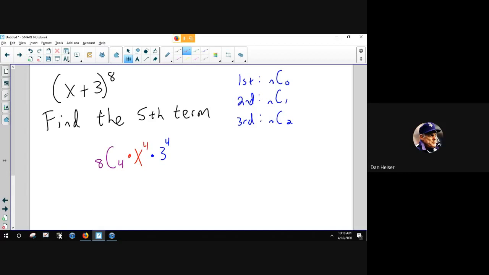There's the basic setup for the fifth term in this problem. Now it's just a matter of calculating 8C4. 3 to the 4th is 81. And we get that this particular term is 5,670 x to the 4th. We have found one specific term without finding the entire expansion.